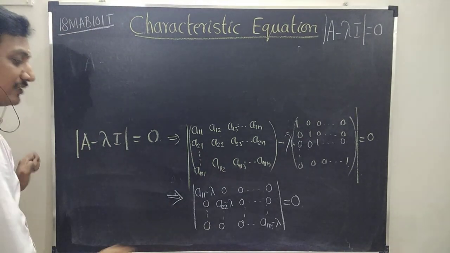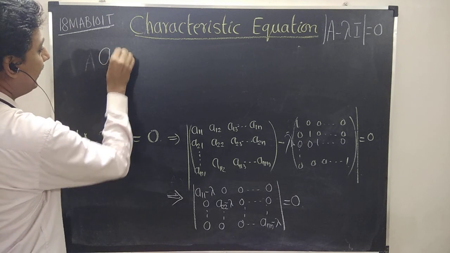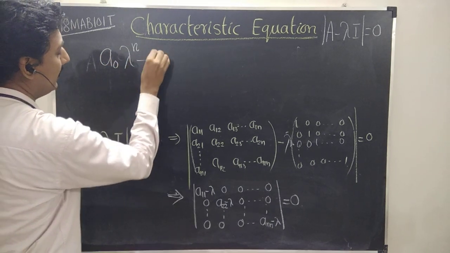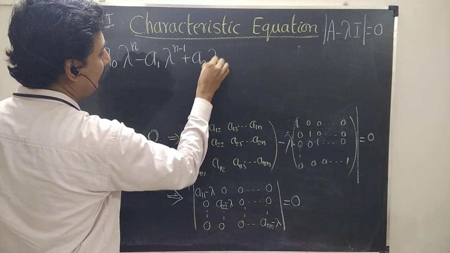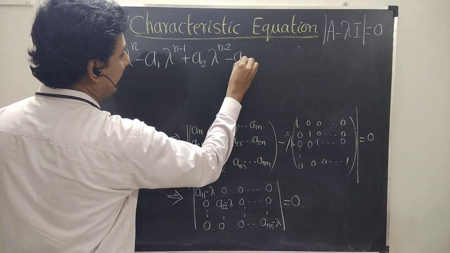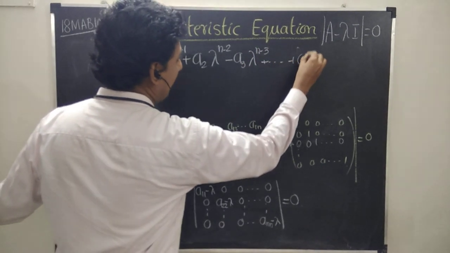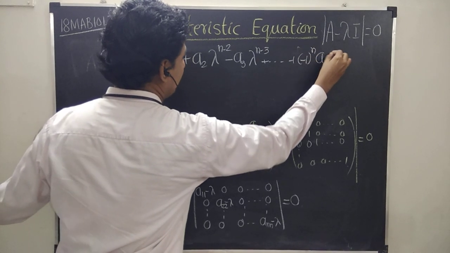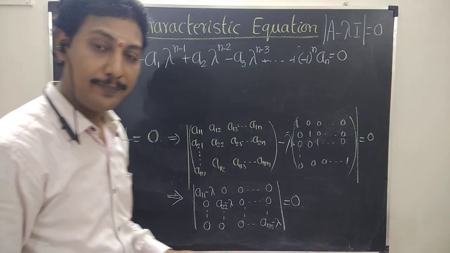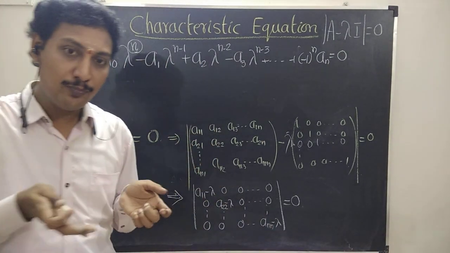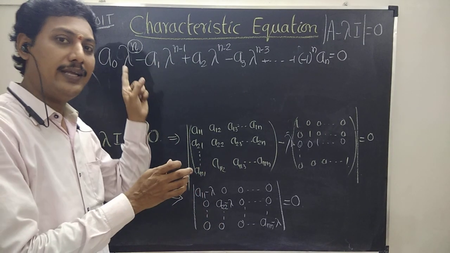If I expand and simplify, we finally get a0 lambda power n minus a1 lambda power n minus 1 plus a2 lambda power n minus 2 minus a3 lambda power n minus 3, and continue like that. The last term is (minus 1) power n, a suffix n, equal to 0. So the degree of this polynomial is n, because the given input matrix is of order n.